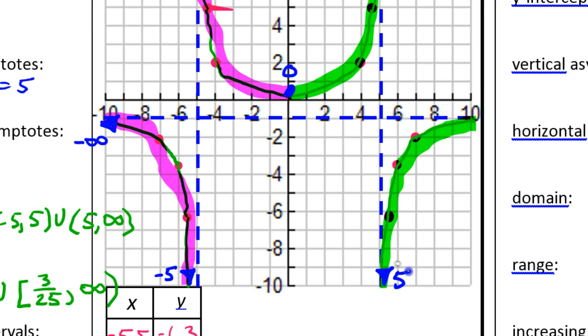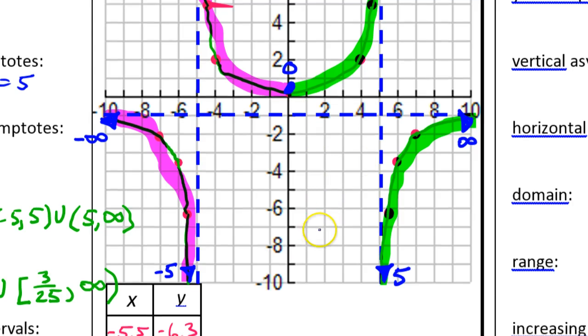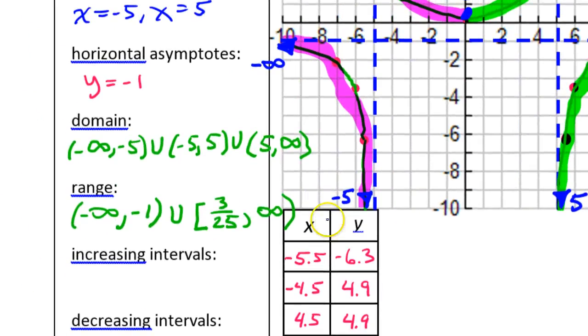This is also at positive 5 because we're talking about x values. This arrow over here will be positive infinity because it's going to the right. Okay, this is going to the left, negative infinity. This is going to the right, positive infinity. Okay, these values in the middle are the asymptotes and 0. Okay, so now it should be trivial.